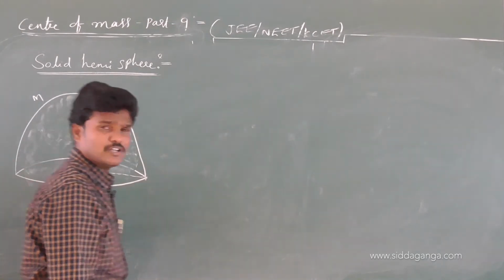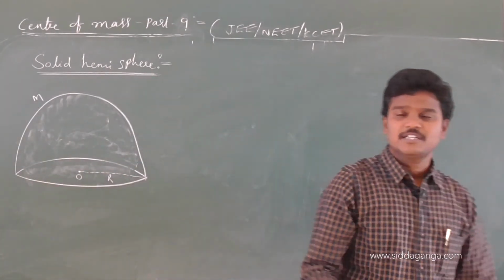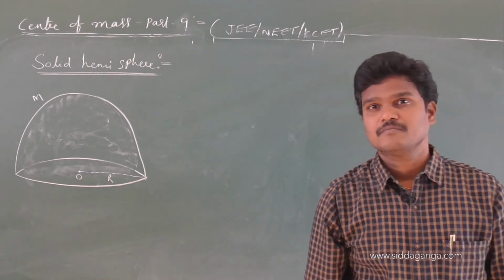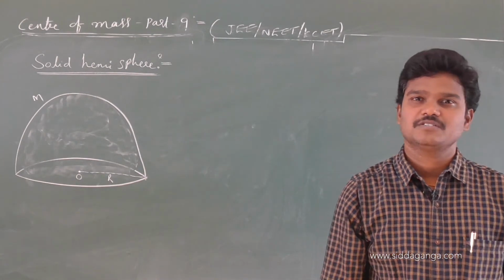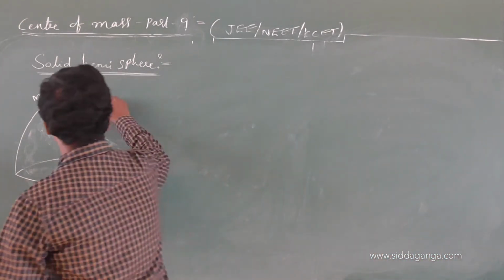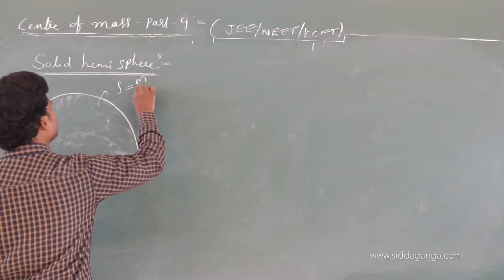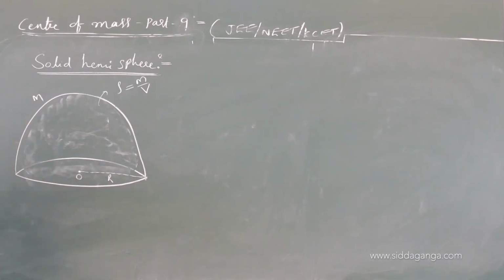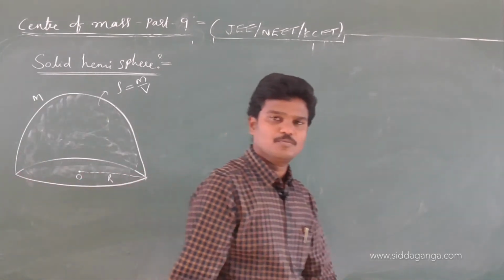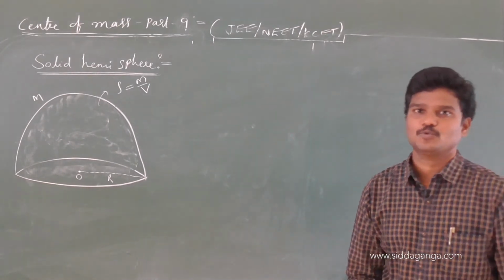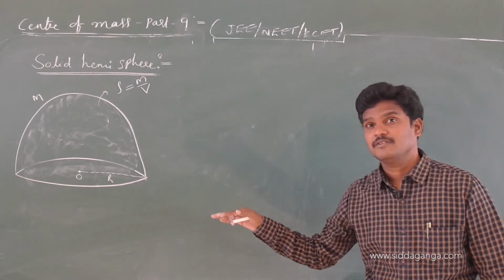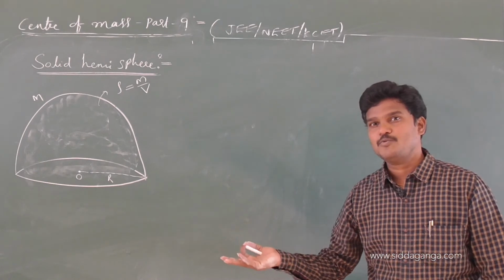Tell me, for this solid hemisphere, will there be a sigma or a rho? No doubt, it is a volumetric object, so it will have rho. What is rho? Rho is volume density, so mass per volume. The volume of the solid sphere is 4 by 3 pi r cube, but this is half, 4 by 3 pi r cube by 2.